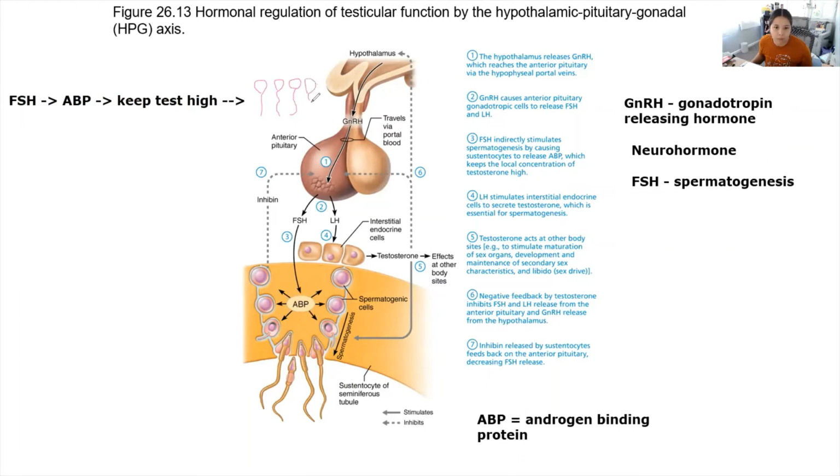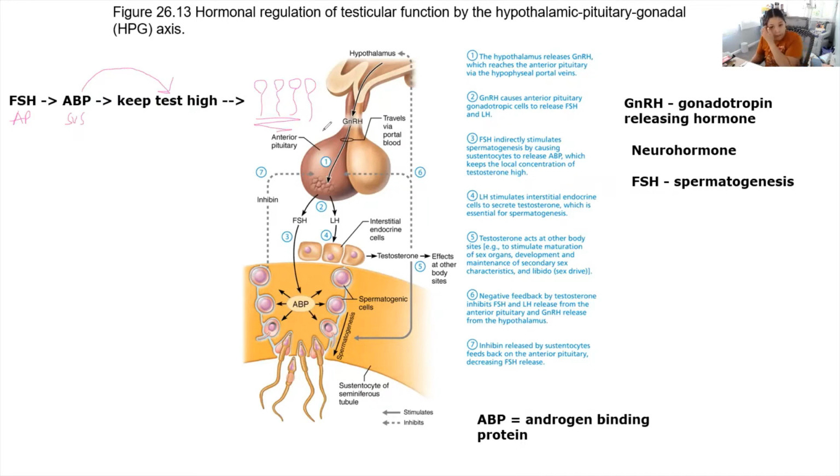So it's going to lead to spermatogenesis. But you should know, again, this is going to be secreted by the anterior pituitary. This is going to be released by cystinocytes. This androgen binding protein is what keeps testosterone levels high so that we can produce lots of sperm.